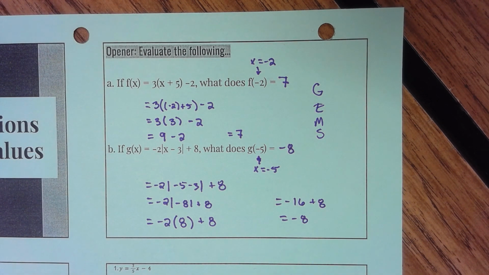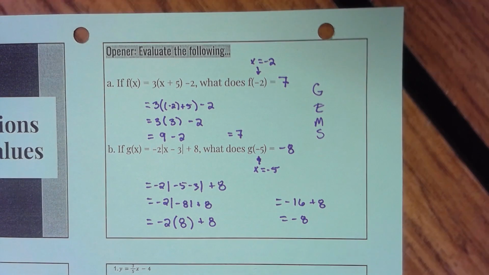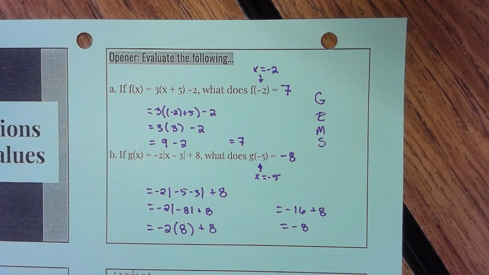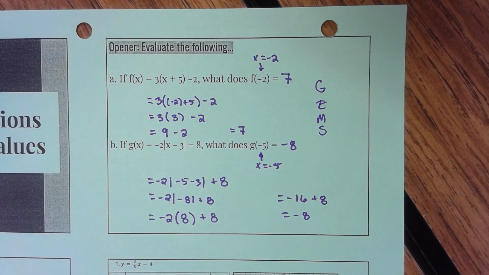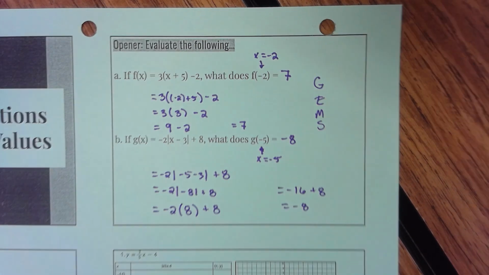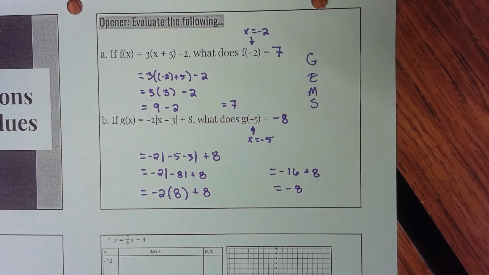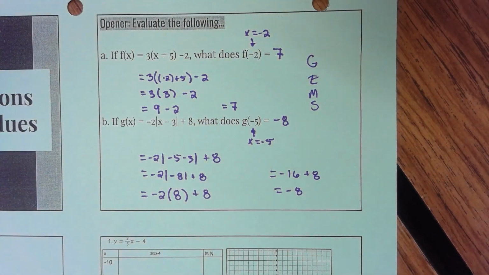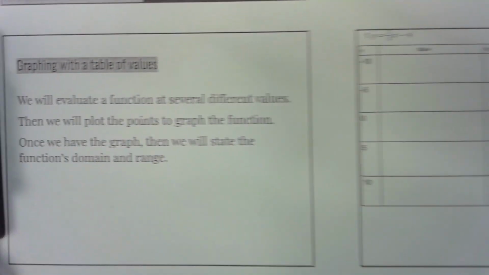This is our lesson today. And we have actually done this exact same lesson before, where we're kind of adding on to it. Our next lesson, our whole unit, is going to be on graphing, and more specifically, we're graphing lines in our next lesson. So starting tomorrow, we're going to work specifically on graphing linear functions. For today, we're going to graph with a table of values.